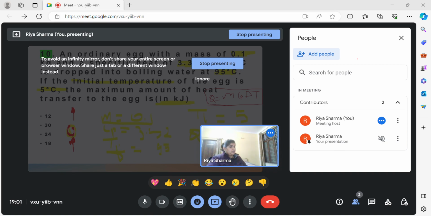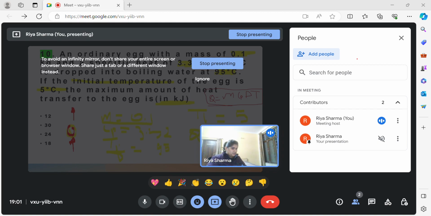If the initial temperature of the egg is 5 degrees, the maximum heat transfer to the egg in kilojoule can be found just by applying Q equals m Cp delta T. There are many problems in your assignment based on this.